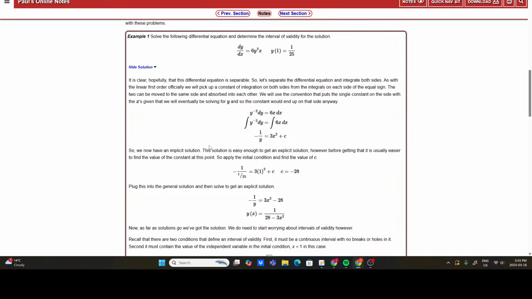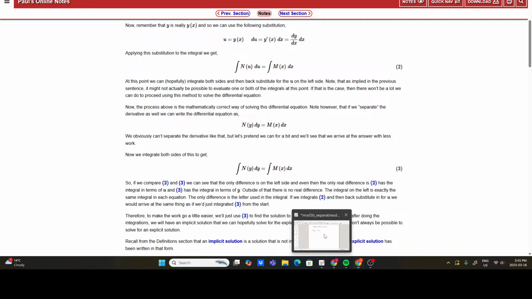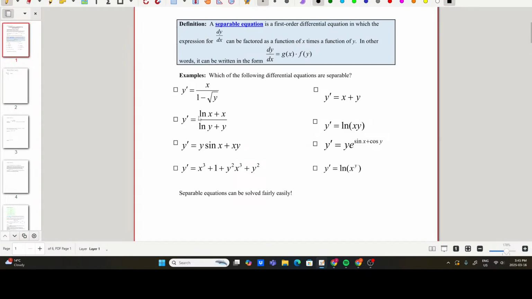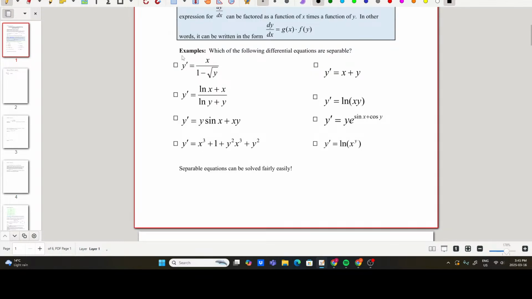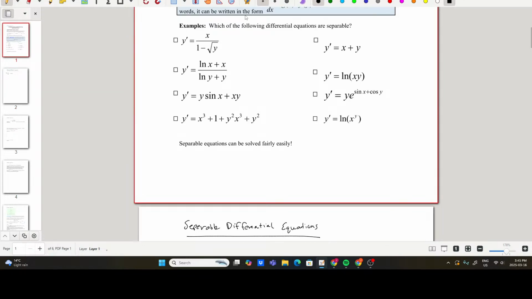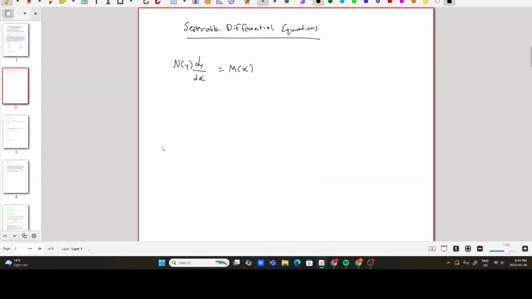Let's just look at this: ny dy dx with mx. Let's start with y prime equals x over 1 minus root y.